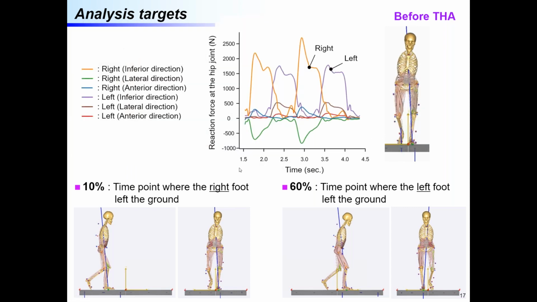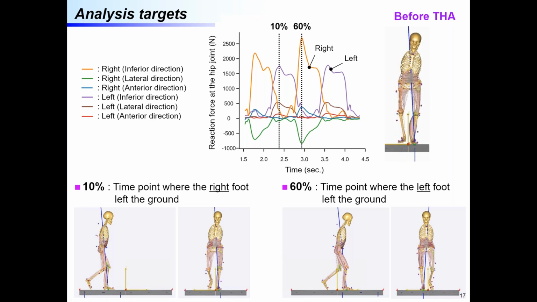This graph shows the relationship between the hip joint reaction forces and time. Each color means the joint reaction forces in the inferior, lateral, and anterior directions for the right and left femurs. As you can see, the magnitude of the hip joint reaction forces in the inferior direction between the right and the left femur were different prominently.